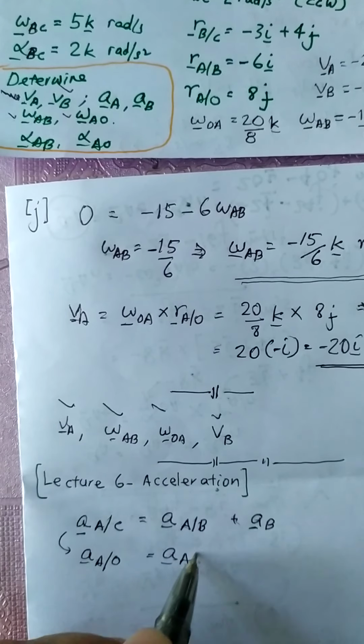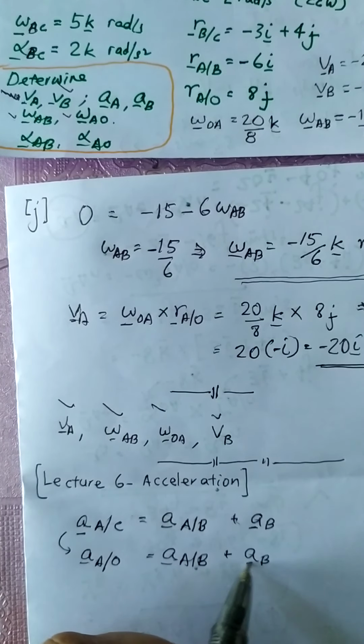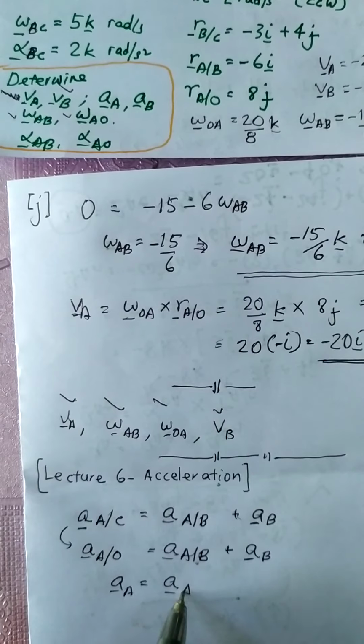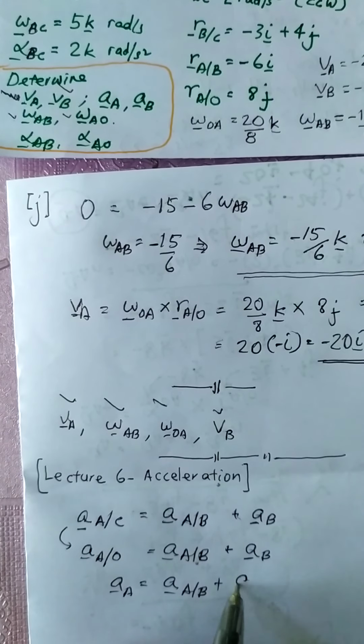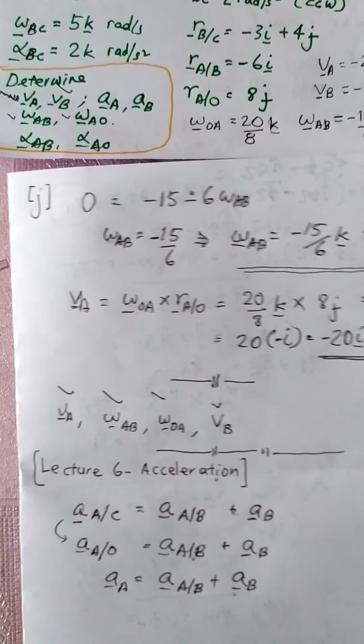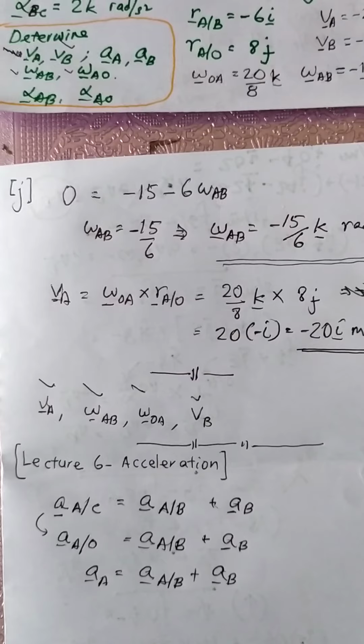I just read it together to make sure that the students can follow the logic of the argument, and then we can just write that AA equals acceleration of A relative to B plus acceleration of B. Now, because the acceleration terms are very long, I have to be mindful of the space that I have to write all these things.